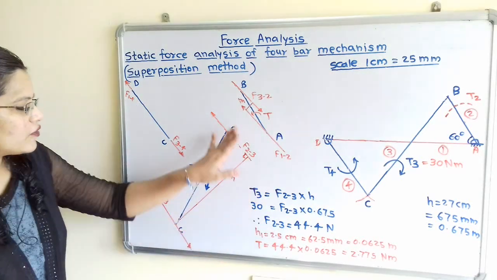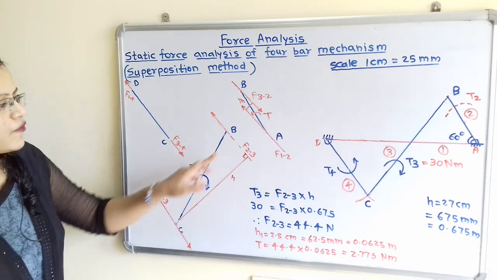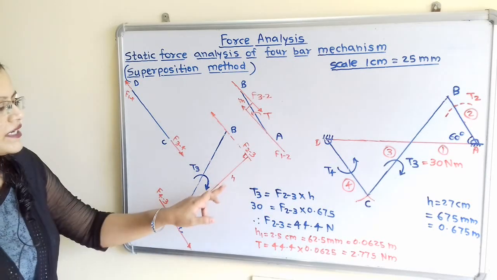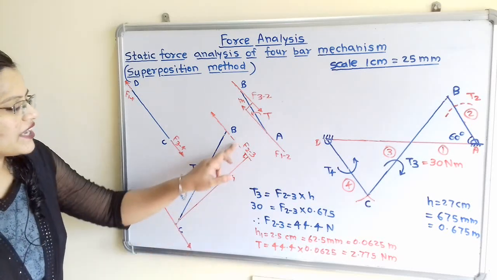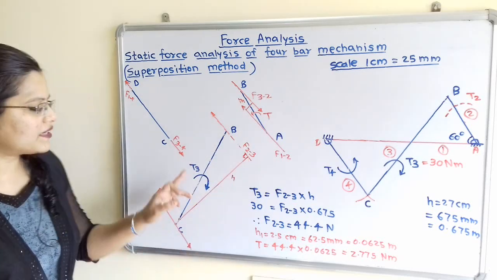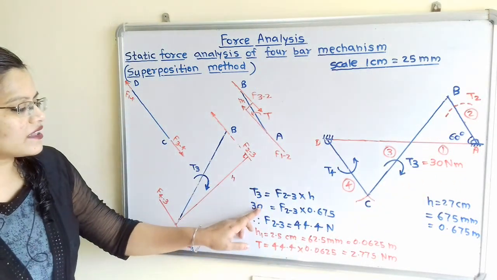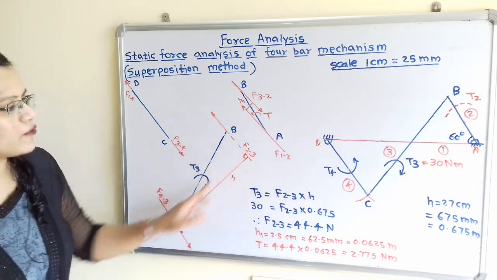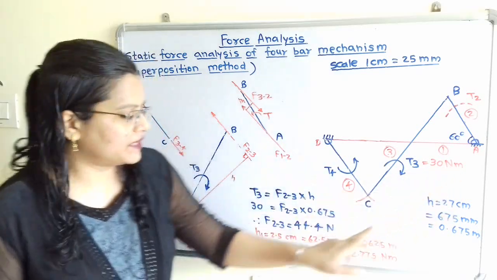Now if we observe this diagram, this torque T3 is equal to, we can take any one force, that is F of 2 to 3 multiplied by this perpendicular distance h. Now this F of 2 to 3 is unknown, but this T3 is known, 30 Newton meter. So we will take 30 is equal to F of 2 to 3 into height h, and we have to take it in meter because here torque is in Newton meter.